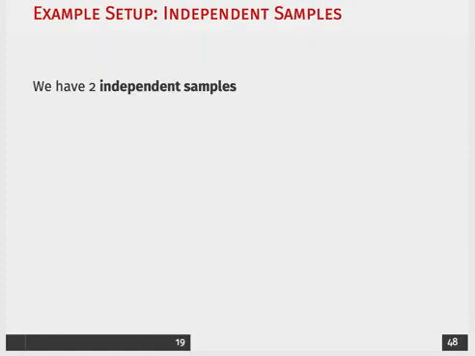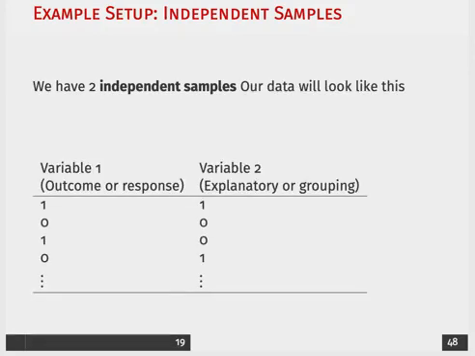This allows us to say truly that we have two independent samples. So our data is going to look like this, where we'll have our outcome, whether or not someone votes, 1 yes, 0 no, and our explanatory group is going to be the treatment of maybe high pressure is 1, low pressure is 0.